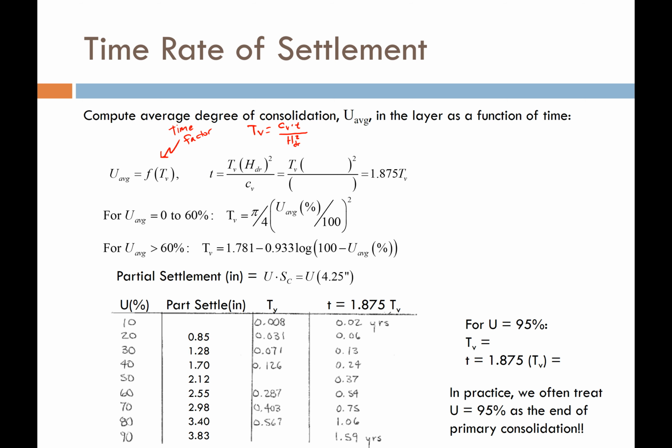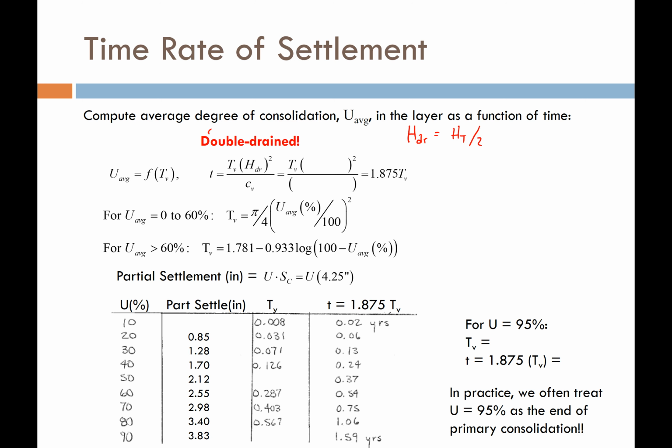Okay, so this clay layer is sandwiched between a sand layer and a gravel layer, so we know that the soil itself is going to be double drained. And because it's double drained, that means that H sub DR is going to equal the total thickness of the clay layer divided by 2.